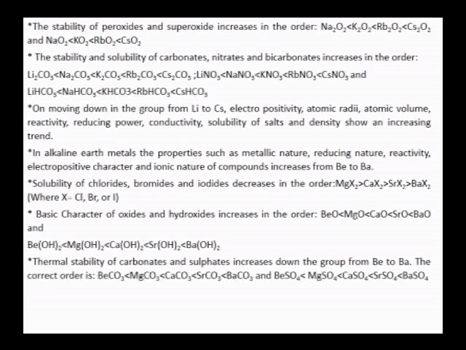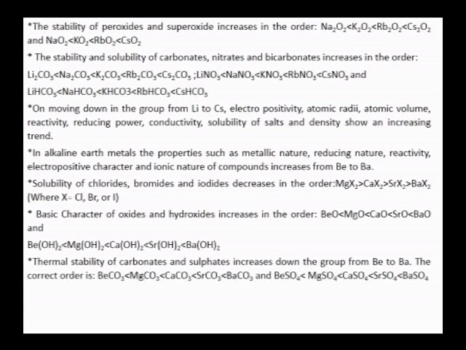In alkaline earth metals, properties such as metallic nature, reducing nature, reactivity, electropositive character and ionic nature of the compounds increase from beryllium to barium.